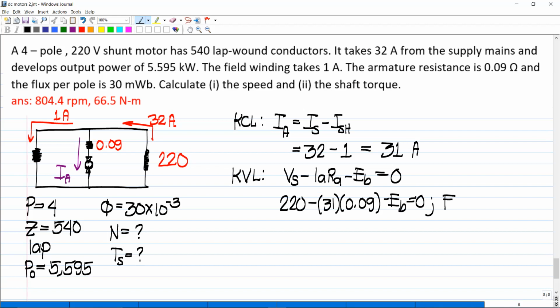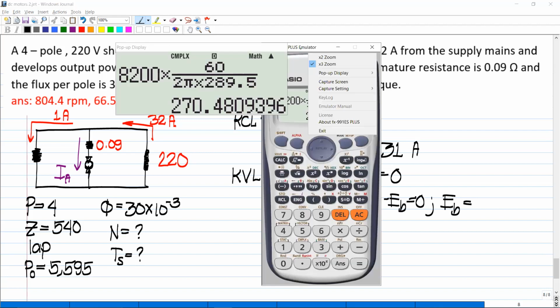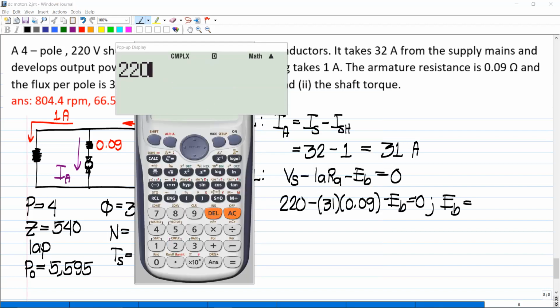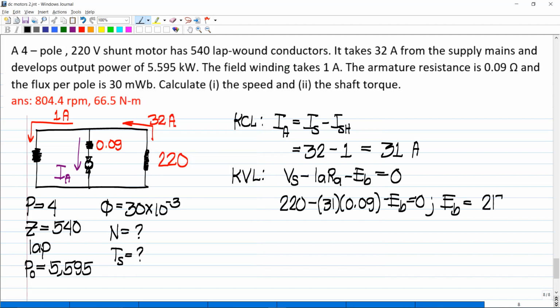So the value of EB, the back EMF, is 220 minus 31 times 0.09, which is 217.21 volts.